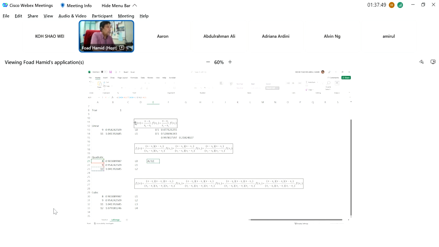Okay, divide by x0 minus x1. This one is already x0 minus x1. This must be another bracket here.